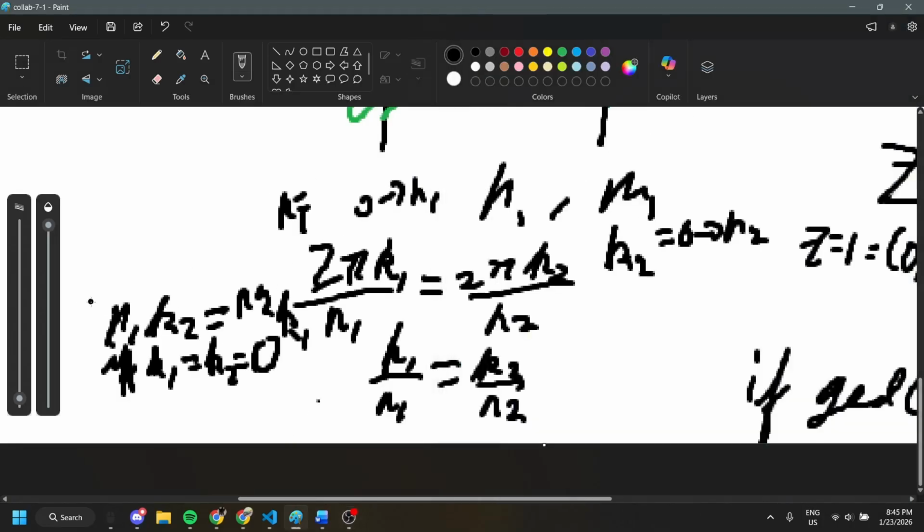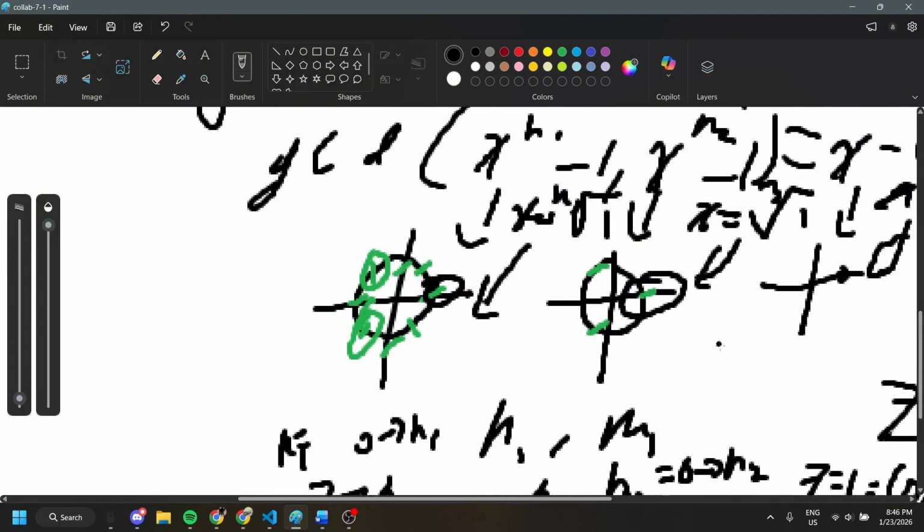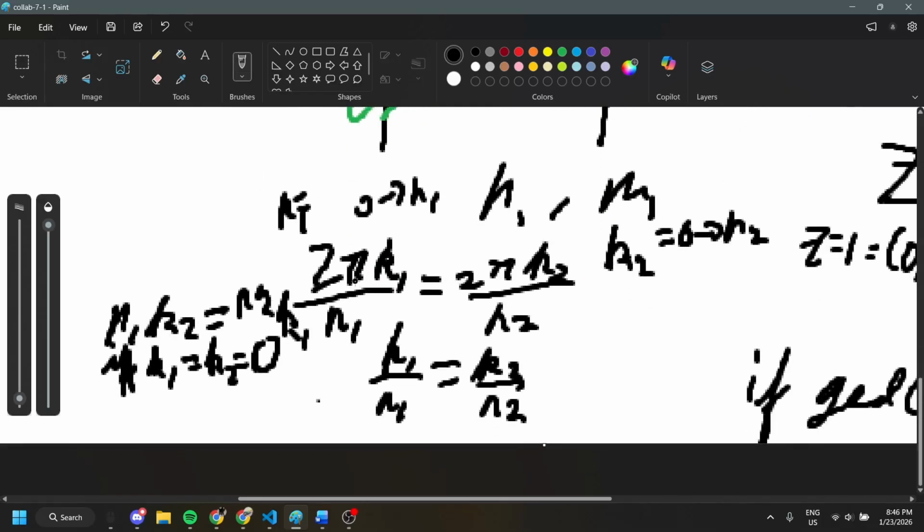But we do know if k1 and k2 both equal 0, then we know this is true. We need to know if and only if. We don't know if it's only if.